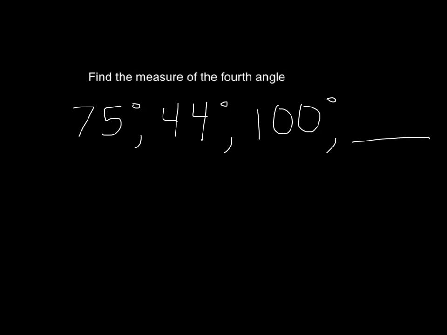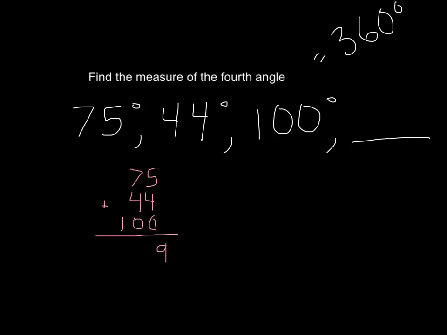Well, like I said before, when we add these together, it should equal 360 degrees. First thing I'm going to do is add up the numbers that I know. I'm going to add 75 plus 44 plus 100. And I'm going to make sure that I add these numbers together correctly. And I got for my answer 219.